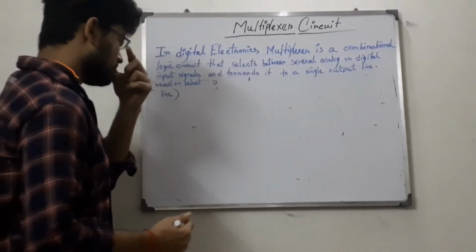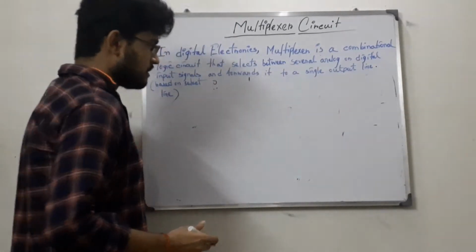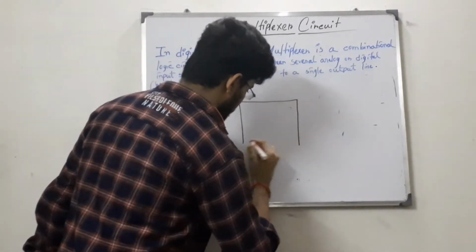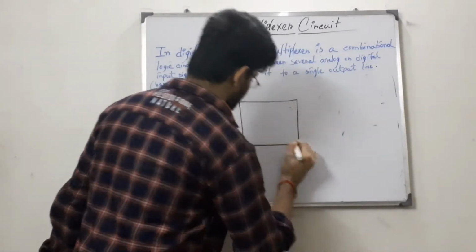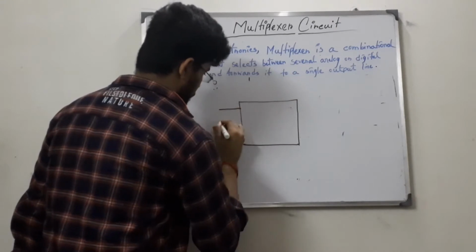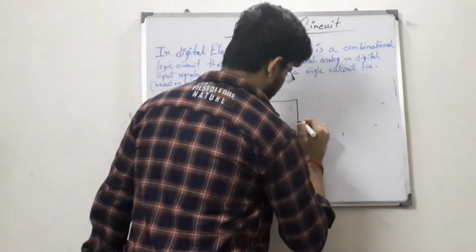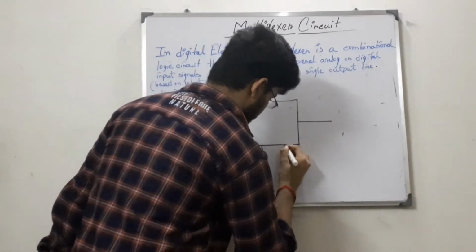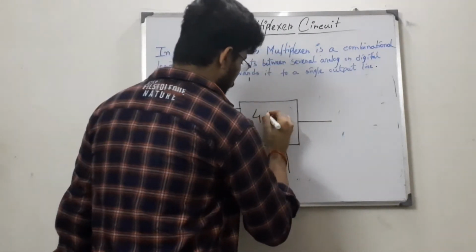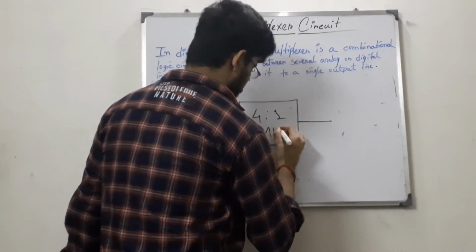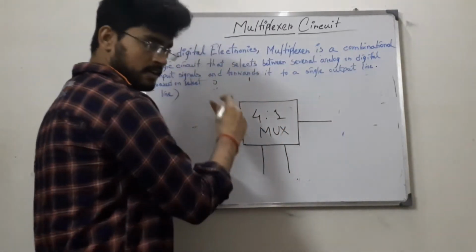So now you can see the block diagram of a multiplexer circuit. This is a 4x1 mux, as it has 4 informational input lines.